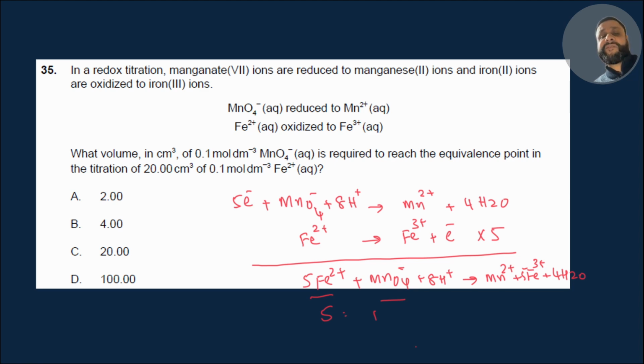Because the concentration of Fe2+ and MnO4- is the same, the volume is 20 divided by 5, that will give me 4. So we need 4 cm³ of MnO4- to reach the equivalence point in the titration. Hence B is the correct answer.